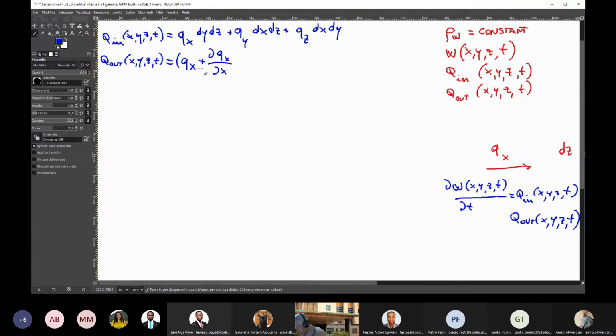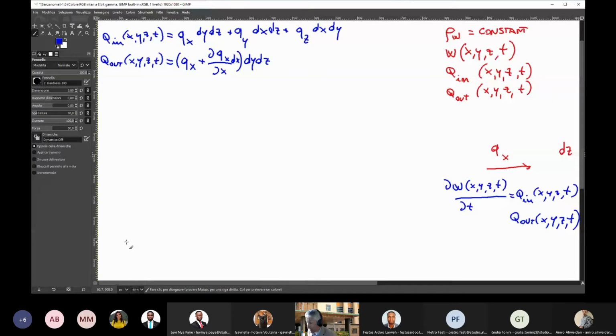And this is my flow out, okay? So it's given by flow in plus the partial derivative of the flow along the same direction. And this is to be multiplied by the x, of course, okay? And now I have to multiply it by the surface, the y, the z.